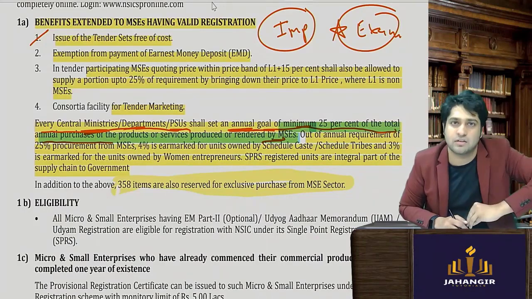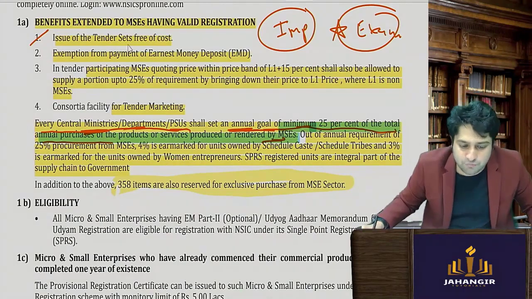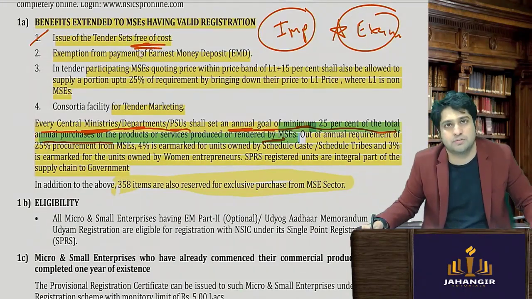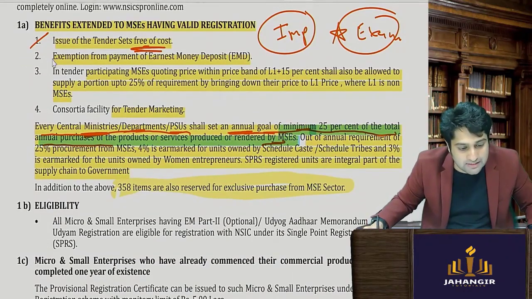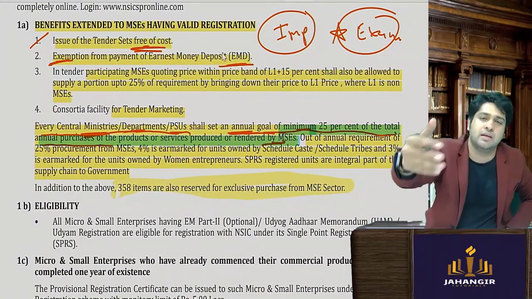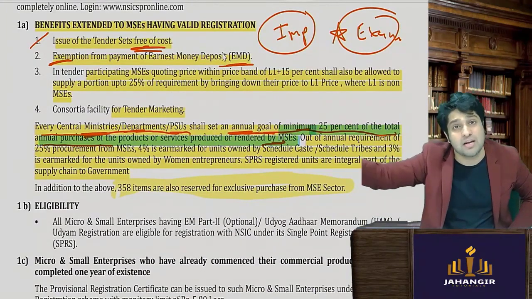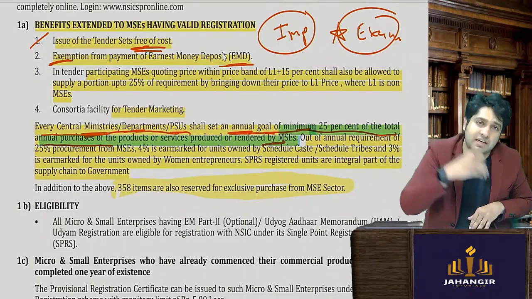Now for tender, whenever people are applying, they have to pay some money. But for MSME, it will be free of cost. So they can apply free of cost. They will be exempted from giving any earnest money deposit. So normally, if anyone else, non-MSMEs, applies in this, they have to give a money deposit also.